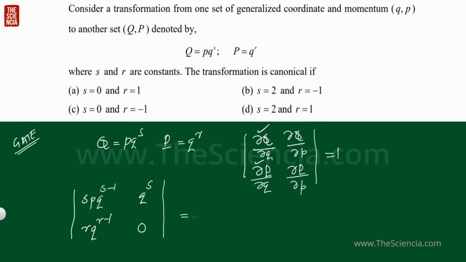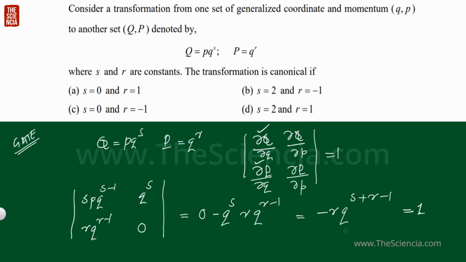So what we get? We get it is equal to 0 minus Q raised to S R Q raised to R minus 1. That is equal to minus R Q raised to S plus R minus 1, right? And if it is a canonical transformation, what we get? This will be equal to 1.